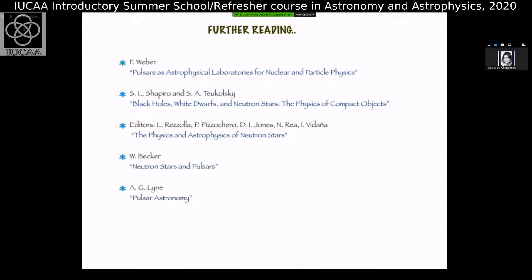In the next lecture, I will be talking about how to model the interior composition, which is extremely challenging because it involves multidisciplinary studies like particle physics, condensed matter physics, nuclear physics, general relativity, and so on, and how to combine this information with the astrophysical observables we talked about today and nuclear and heavy ion experiments.